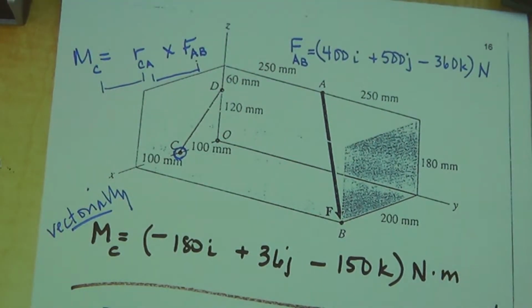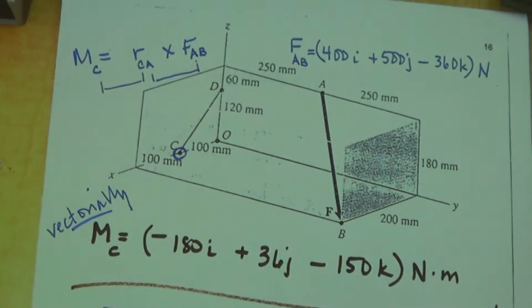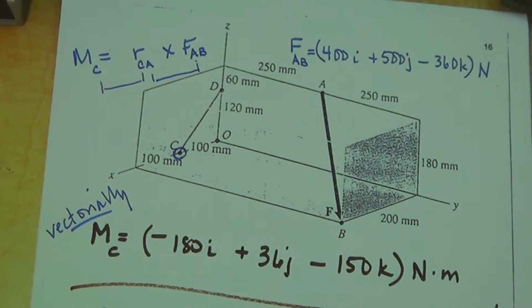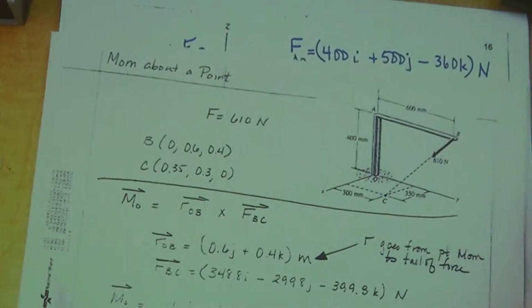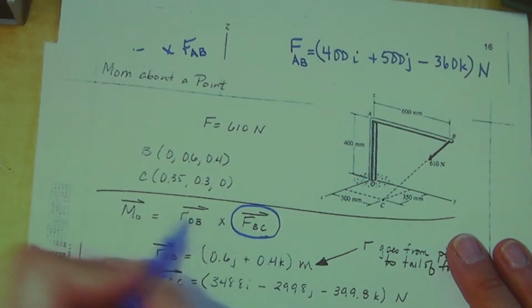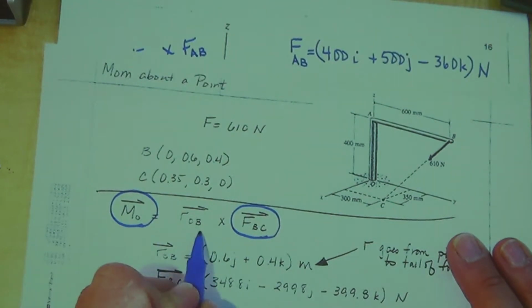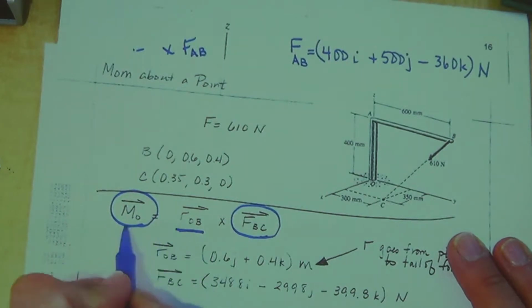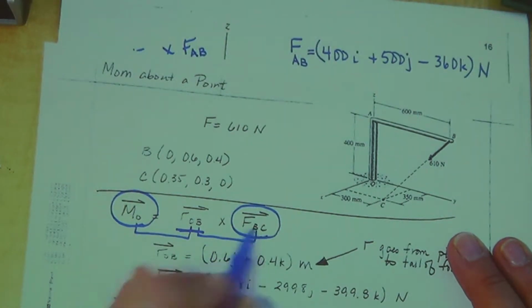You do not. So I solved a problem, and I solved it having R over here. Take a look at this. We have a force going from B to C, and I wanted to find the moment about point O. I found R from the point I'm trying to find the moment about to the tail of the force.